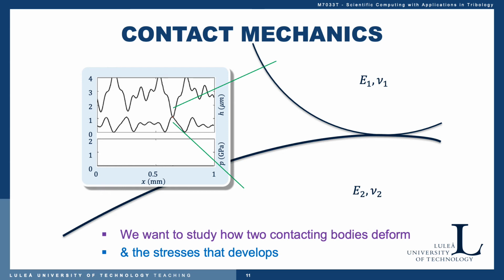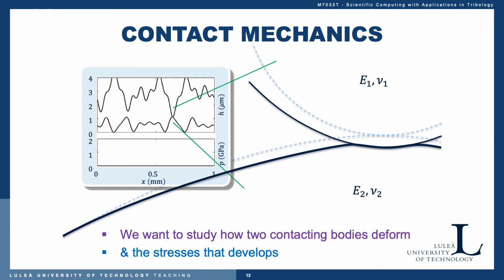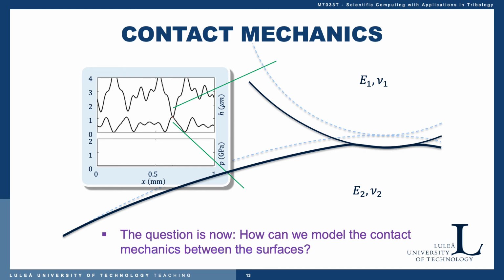And of course they may have different material properties, with different Young's modulus and different Poisson ratios. When the surfaces are loaded against each other, they make contact, and we are interested in how to model this contact mechanics and how to solve that problem numerically.